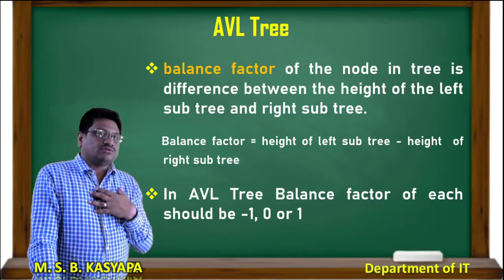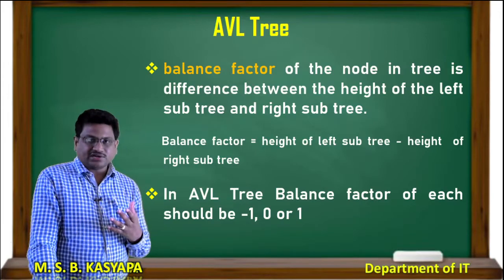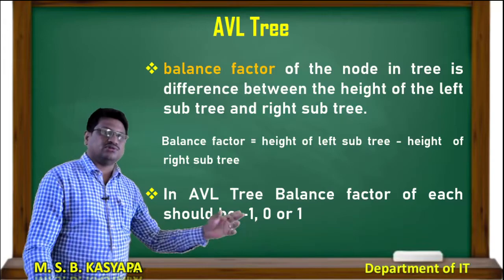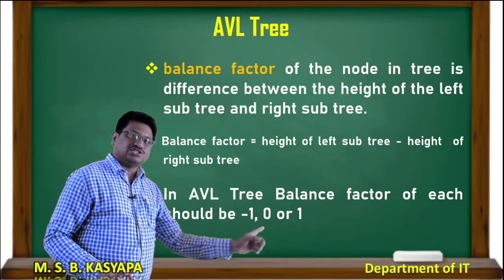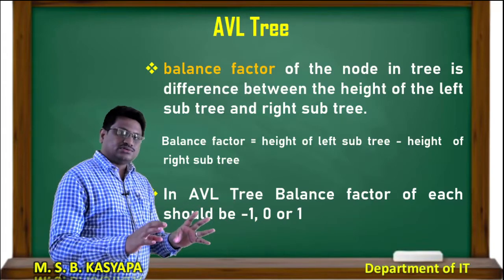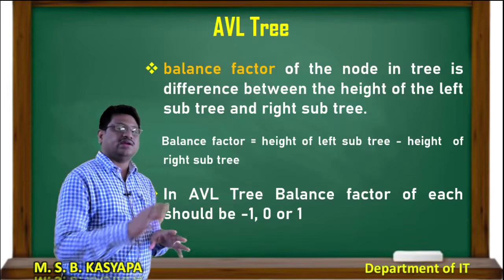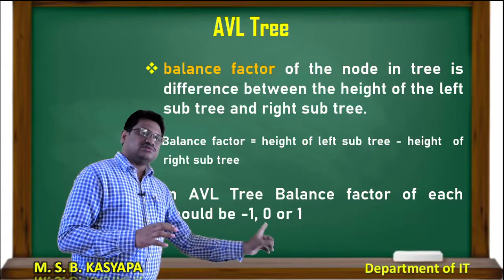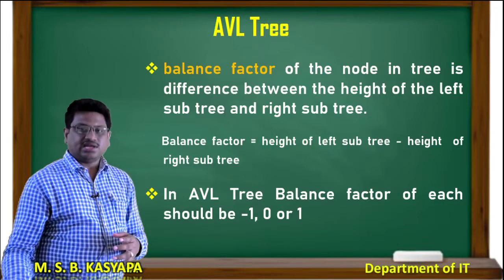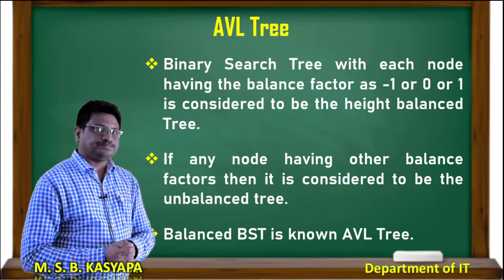If I want to say it is an AVL tree, the balance factor of each and every node must be one of these three values. What are the values? -1, 0 or 1. If the balance factors of every node in the complete tree are -1, 0 or 1, then only I will say it is an AVL tree, or a balanced binary search tree.